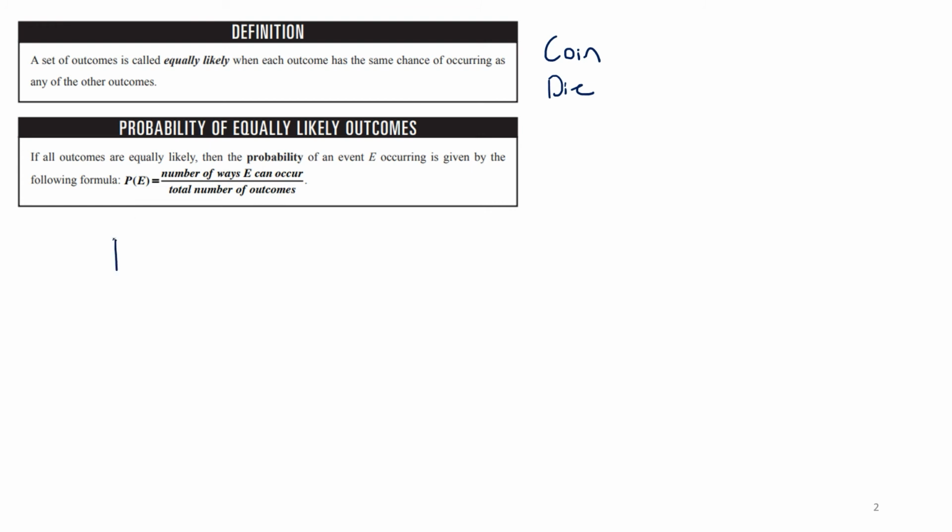The big P of something, doesn't matter, that is notation for probability of whatever. You might see that later in your high school, college career. And how we set up all these problems is the number of ways E can occur, and E can be very specific or very broad, over the total number of possible outcomes.